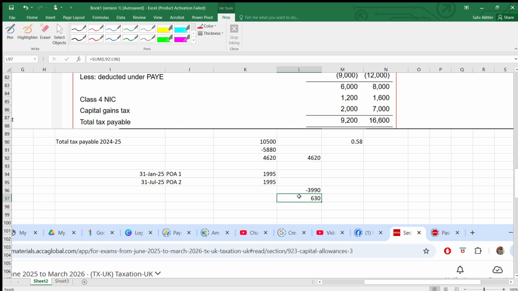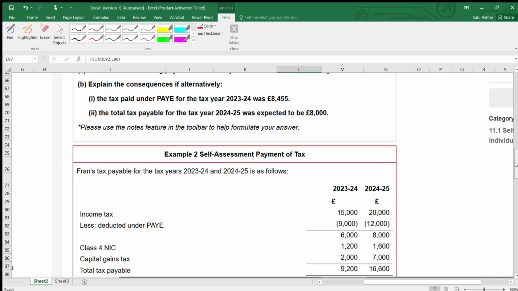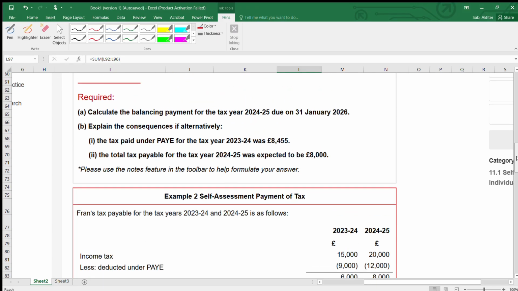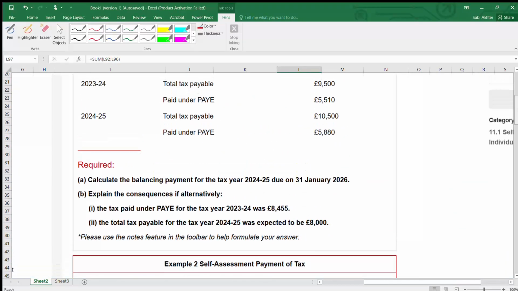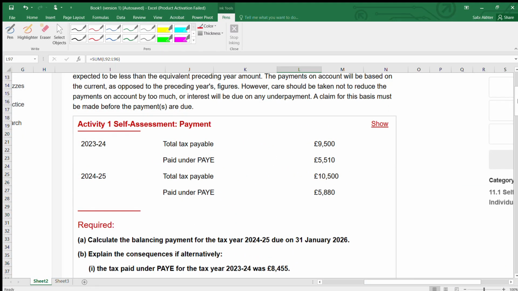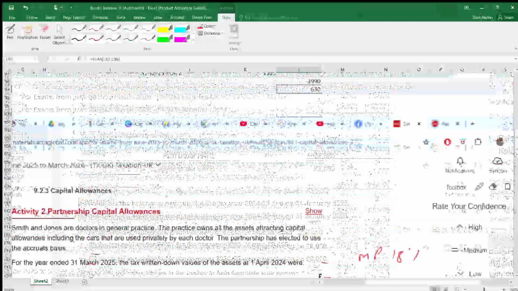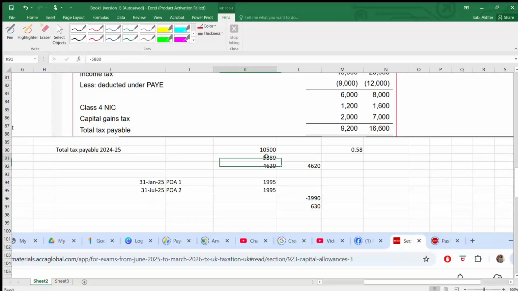But remember, the first installment for the tax year 25-26 is also due on 31st Jan 2026. Which will be based on the previous year: for 25-26, it will be based on 24-25. We have already got this. You see here, we have already done it here.